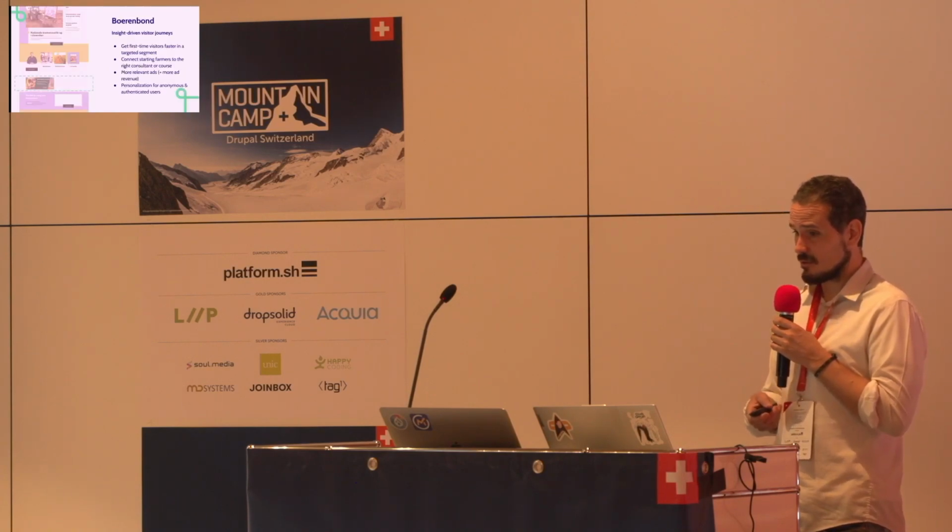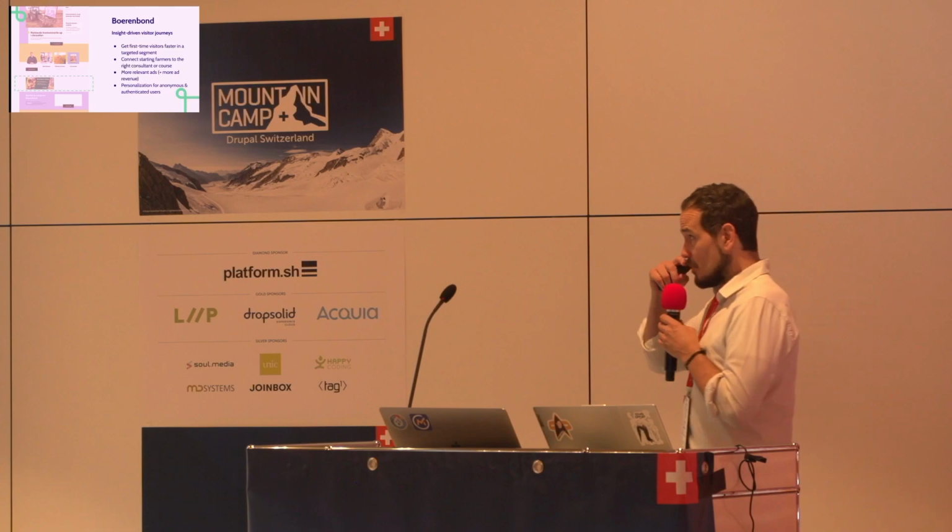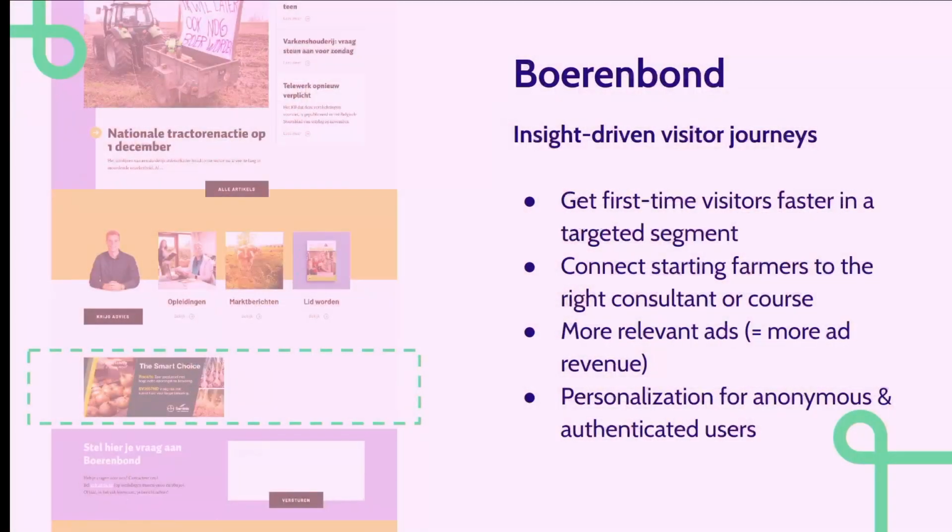This one as well, Boerenbond, is the non-profit for the farmers. Especially non-profits who have a lot of members collecting a low value, like how many non-profits have donations of 3-5 euros a month.